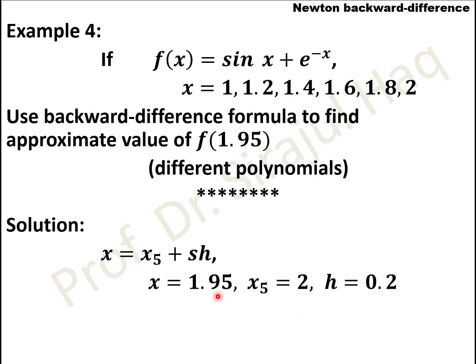The value of x is 1.95, the value of x5 is equal to 2, the step size is 0.2, and when I compute s from here, that will be x minus x5 divided by h, which is minus 0.25, and you can see that the value of s is negative as we were expecting.